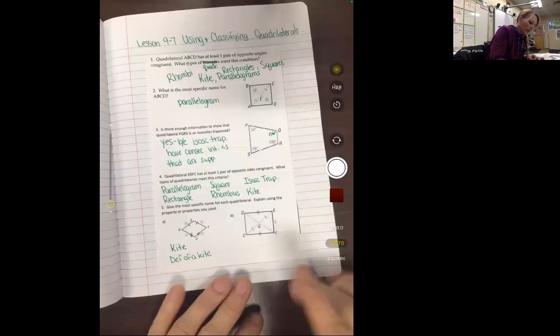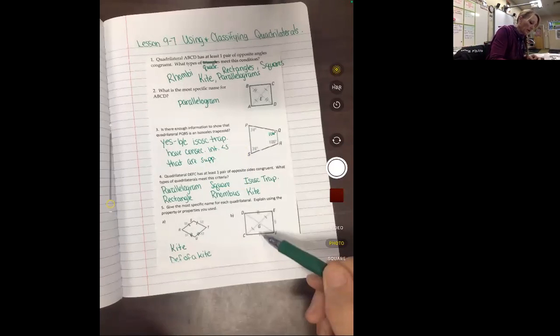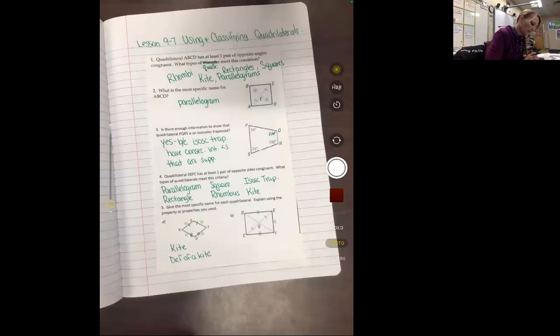And this one over here has one pair of opposite congruent sides, and it has one diagonal that is bisected, and it has one side that is 9.